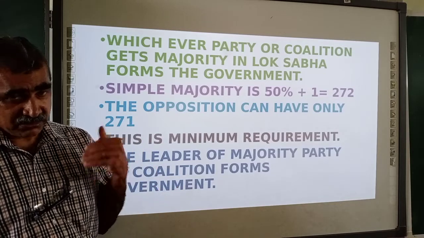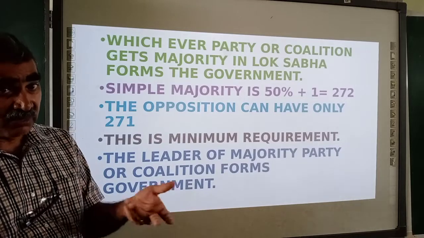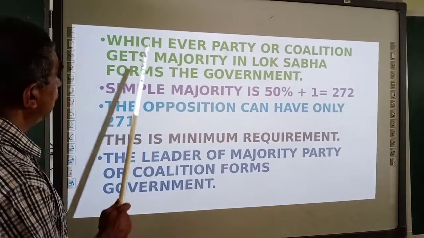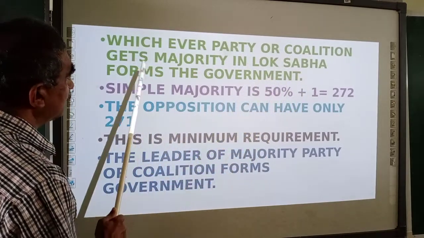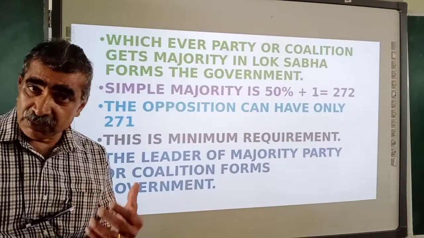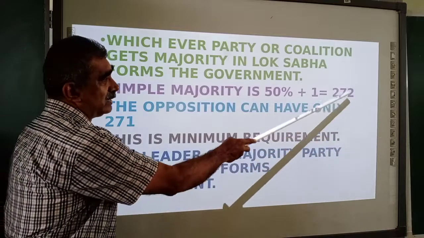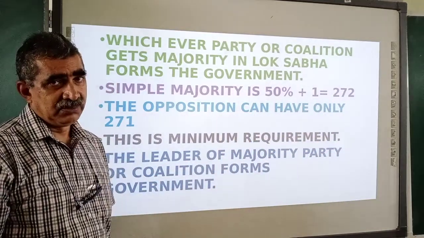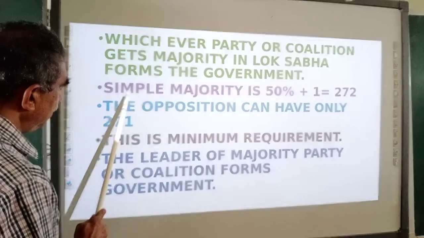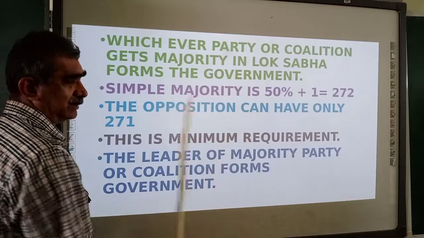Still there are JDU and some other political parties with the NDA. So whichever party or coalition gets a majority in the Lok Sabha forms the government. BJP itself can form the government because its strength is over 270. For any government, a simple majority is 50% plus 1.